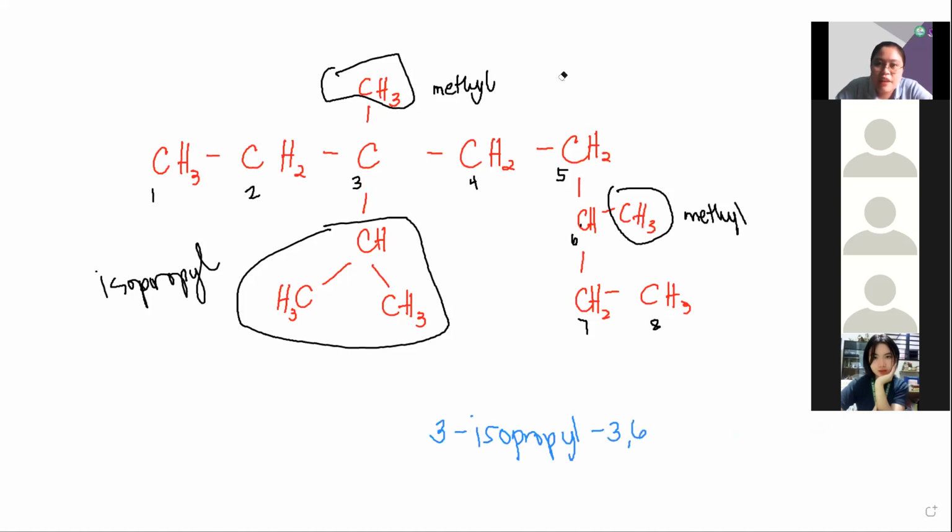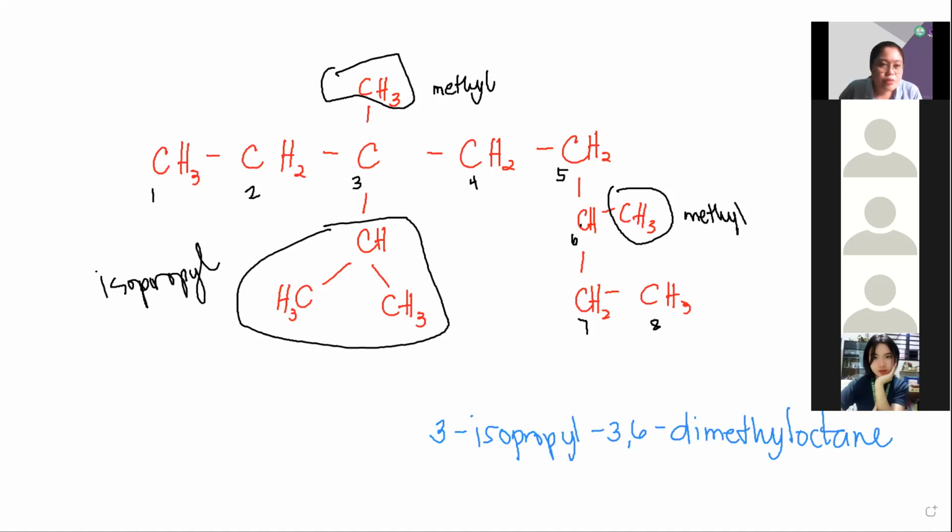Let me delete the octane first. And then we will call it dimethyl kasi dalawa sila. And then idudugtong natin si octane. So this is now our name for this compound. 3-isopropyl, 3,6-dimethyl octane. So sino yung nakatama dito?